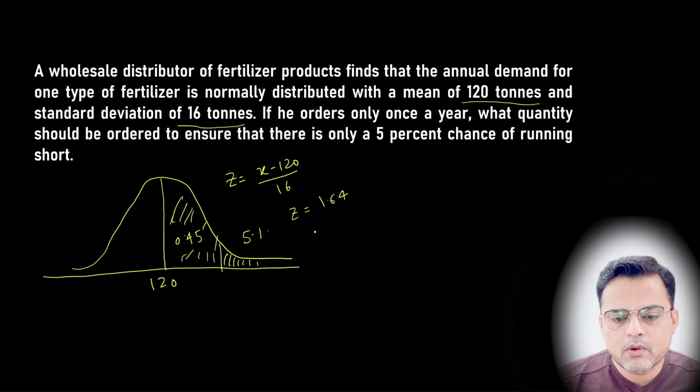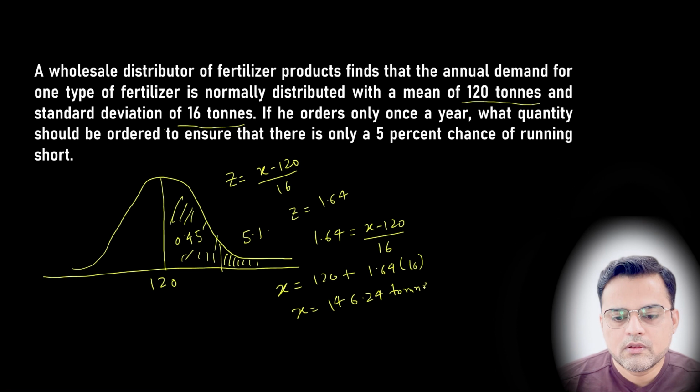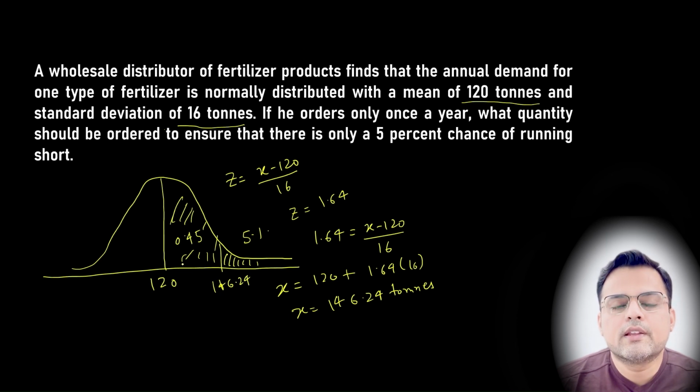So 1.64 is equal to x minus 120 divided by 16. So x will be 120 plus 1.64 into 16. So the quantity will be 146.24 tons. So the x value is 146.24 tons, where there is only a 5% chance of running short.